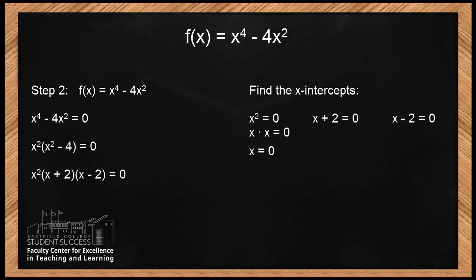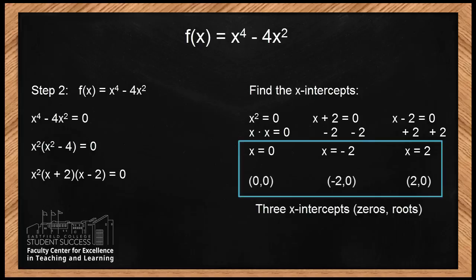Solve x plus 2 equals 0 for x. Subtract 2 from both sides. X is -2. Take x minus 2, set it equal to 0. Solve for x by adding 2 to both sides. We found that we have 3 roots, or 3 places where the function crosses the x-axis: at x equals 0, at x equals -2, and at x equals 2.